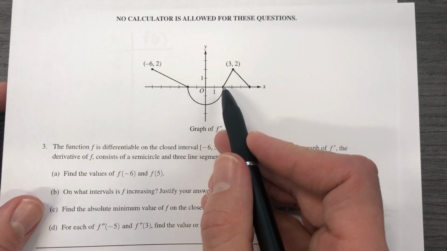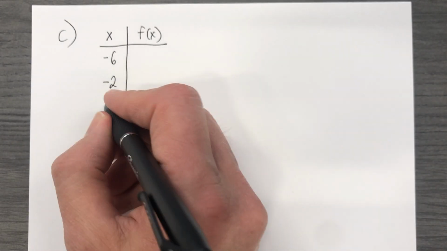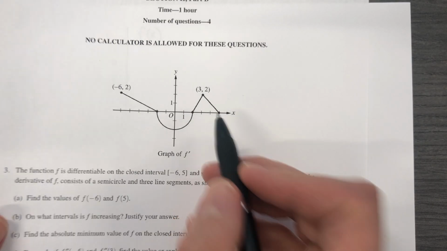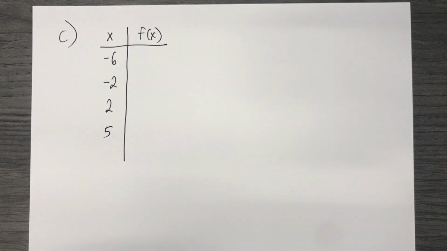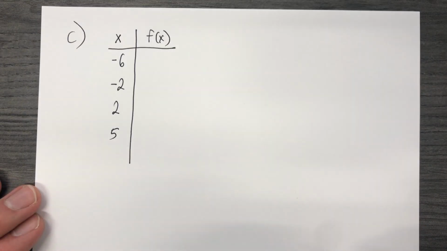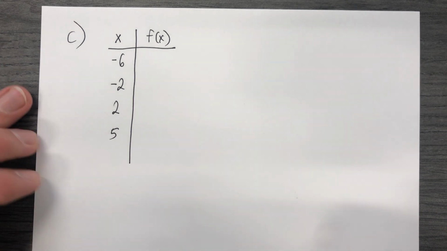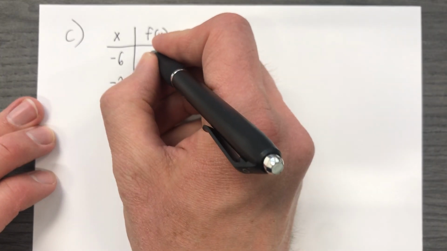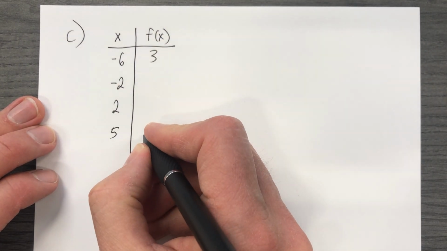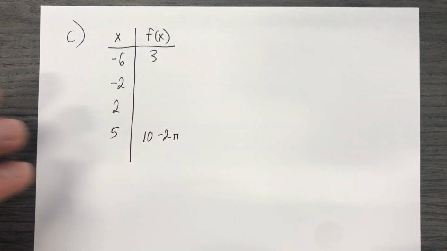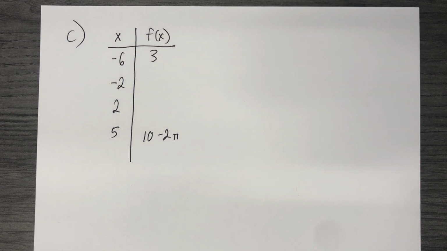There's one. X value where the derivative equals 0. There's another. X value where the derivative equals 0, and that's also the endpoint of an interval. So we're going to consider that. So we're going to find all of these that we can. Well, lucky us, we already have some answers from part A, right? So we don't have to do a whole bunch here. We know that this one is 3. We know that this one is 10 minus 2 pi. We didn't write it that way. We wrote negative 2 pi plus 10, but that works.